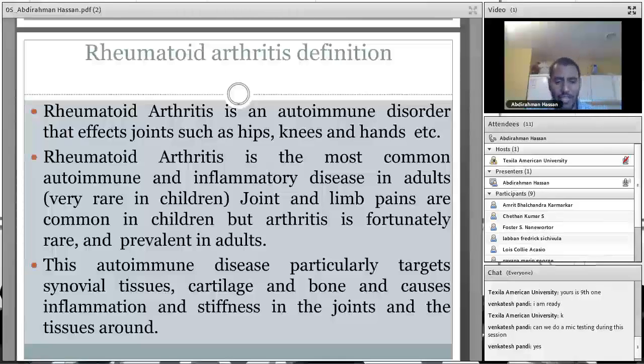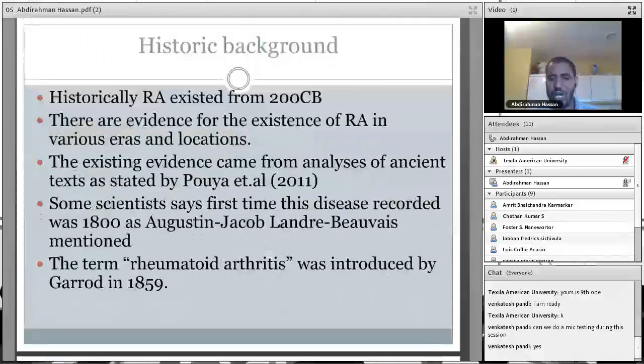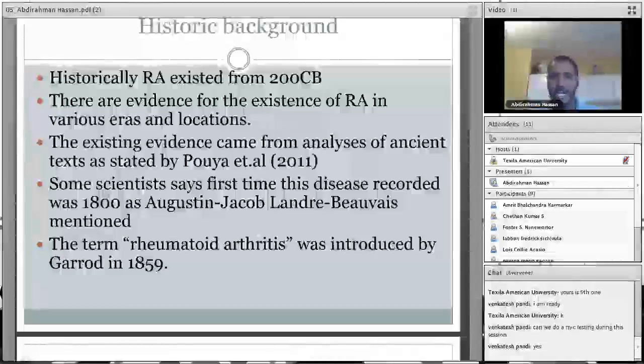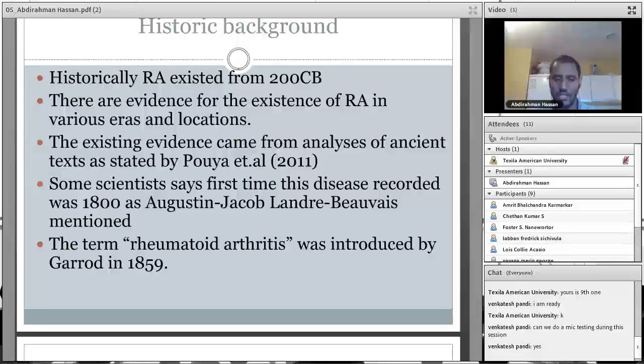So this particular disease targets that tissue and cartilage and bone and causes inflammation and stiffness in the joints and the surrounding tissue.